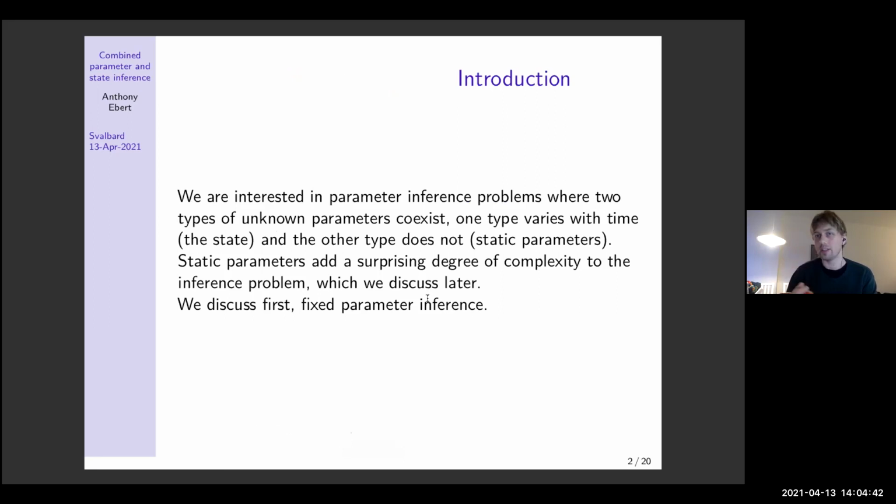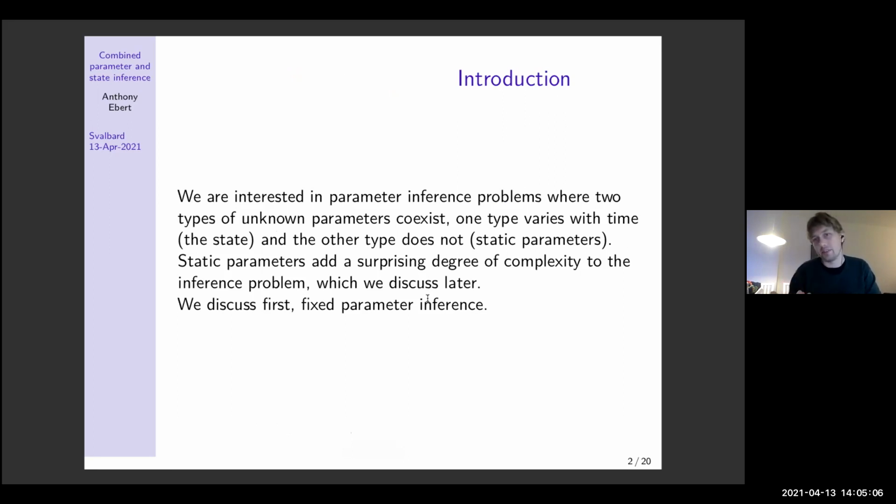And believe it or not, there's already a universe of methods for performing state-space inference, but typically they don't perform inference on the fixed parameters at the same time.